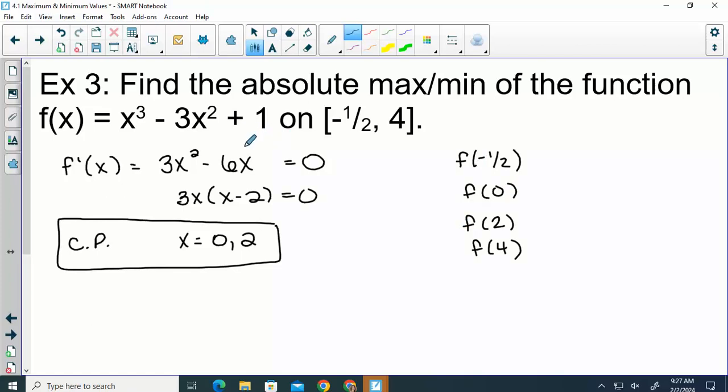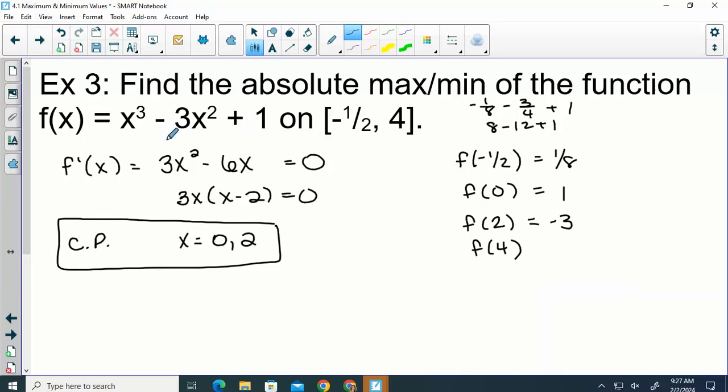So if I put in a -1/2, so -1/2 to the third, 1/8 minus 3/4 plus 1. So 1/8. You put in a 0. You get 0 minus 0 plus 1, which is 1. We put in 2. You get 8 minus 12 plus 1, which is -3.